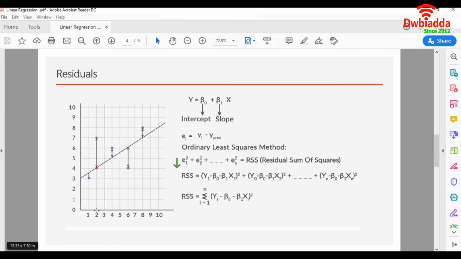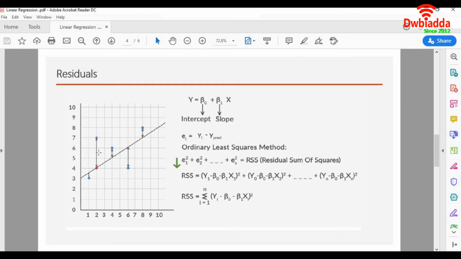So let's consider x equal to 2. My prediction is 4, but the actual value is 7. So I have made an error of 7 minus 4. Similarly, I can calculate the error for each data point. If we note here, there would be some negative values and some positive values as well.